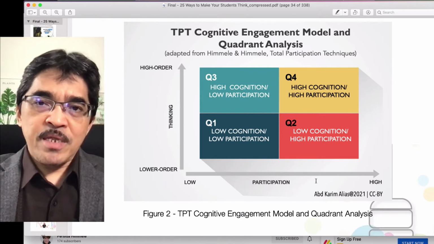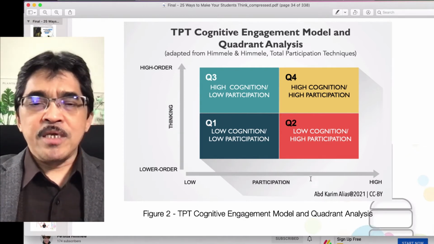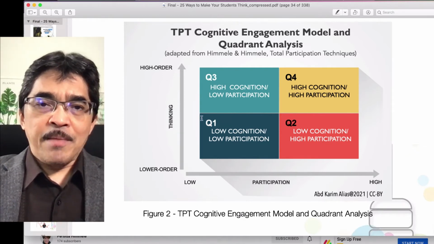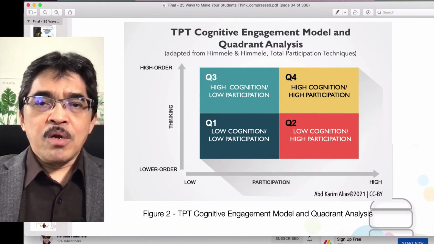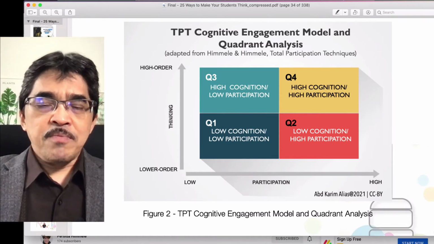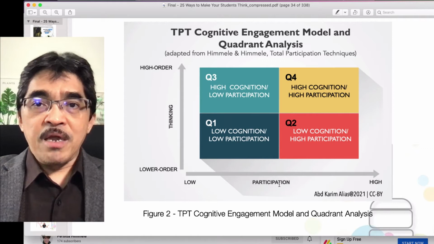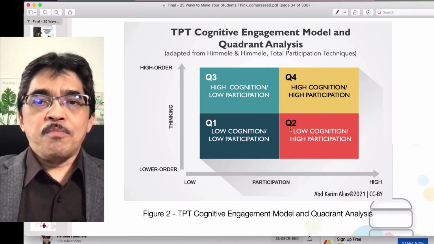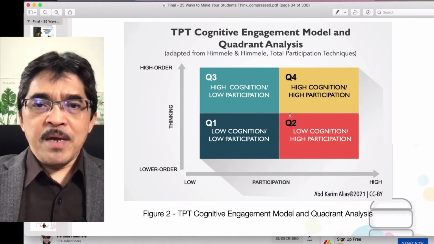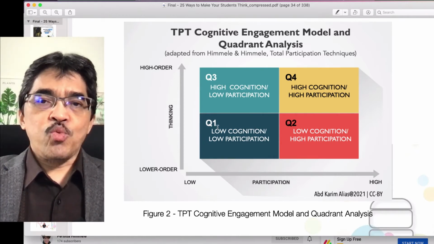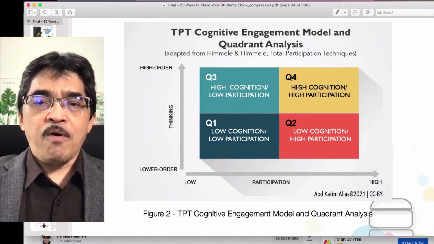That's the emotional engagement part. But on this diagram, we are looking at the cognitive engagement and also the behavioral engagement. So we divide the diagram into 4 quadrants: Q1, Q2, Q3, and Q4.